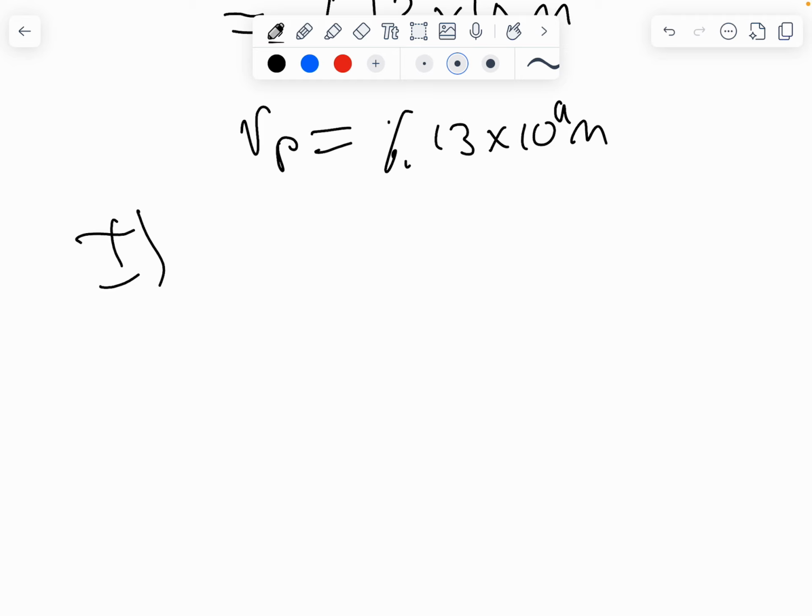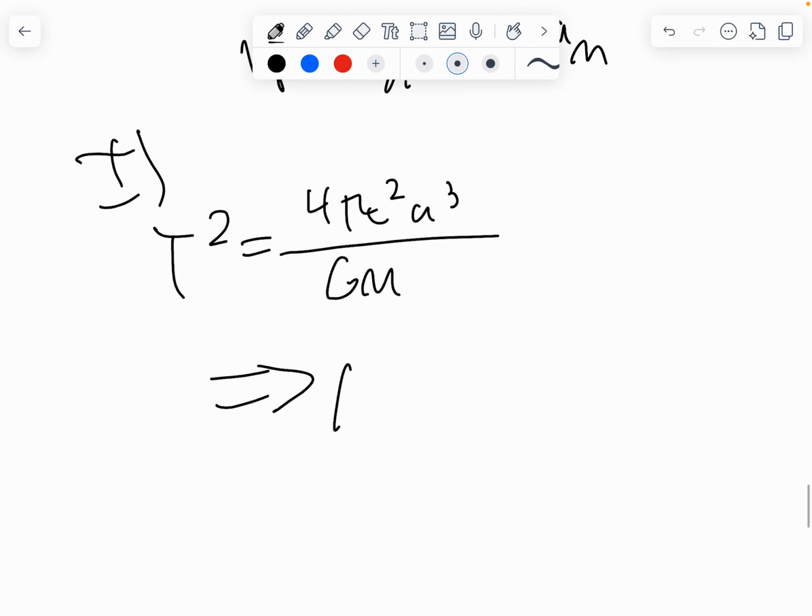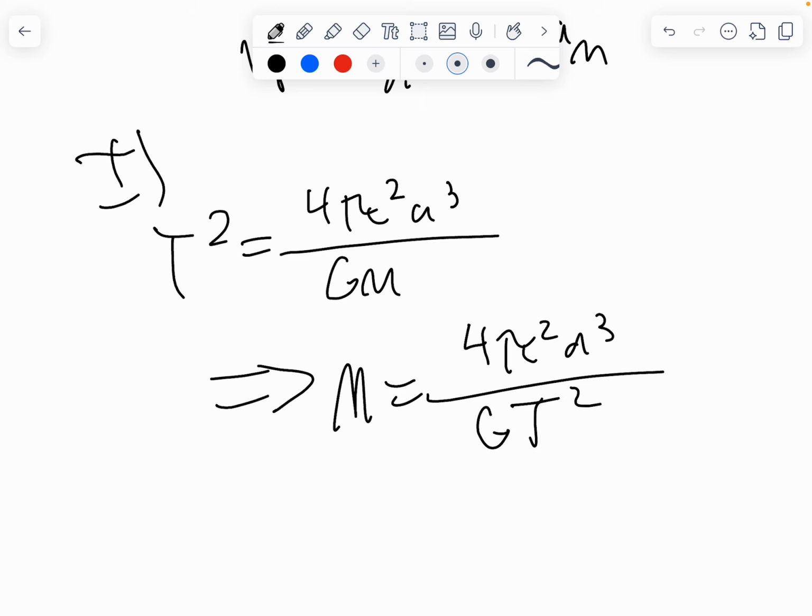So with this one, we're going to use Newton's version of Kepler's third law. So that would be T squared equals 4 pi squared A cubed over GM, which we're going to rearrange to find M. So that would be M equals 4 pi squared A cubed over G T squared.